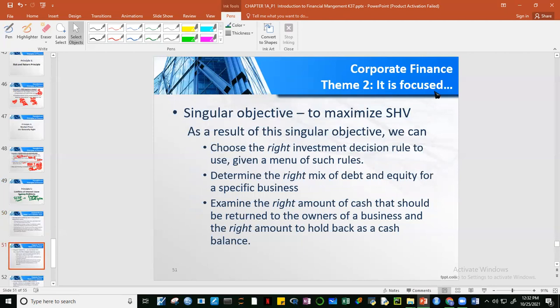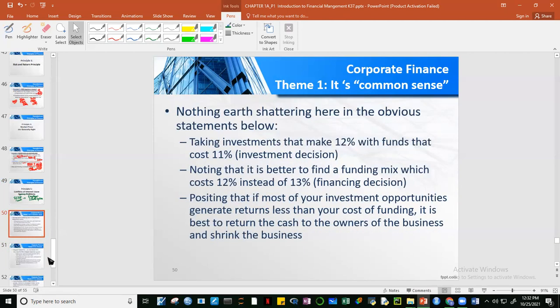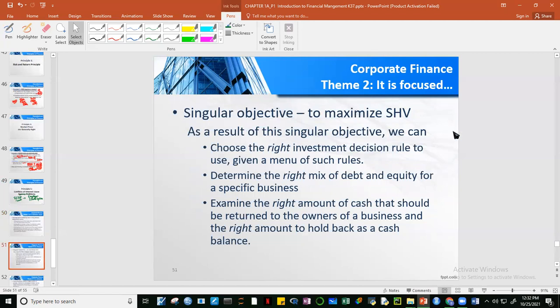Aside from being common sense, guys, finance is also focused. What do we mean by focused? This objective is singular, which means only maximize shareholder value, not maximize customer satisfaction, not maximize supplier satisfaction. Singular main objective, guys.